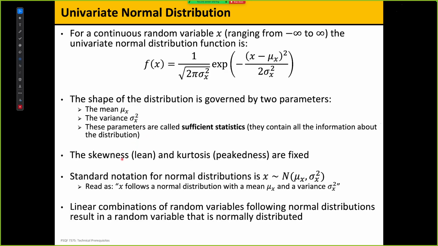What that means in a univariate normal distribution is the skewness, like how much the distribution leans, or how peaked versus flat the distribution is, are relatively fixed up to where the variance dictates at least the peakedness. And the standard notation for this you saw before, x tilde N, and in parentheses mu and sigma squared. This is read x follows a normal distribution with mean mu x and variance sigma squared x.